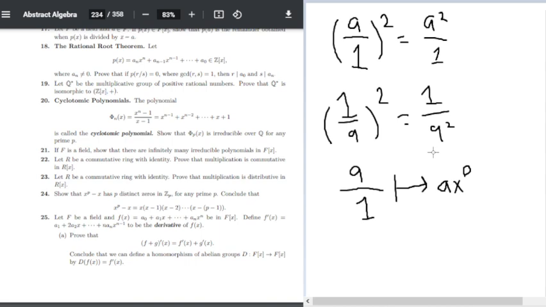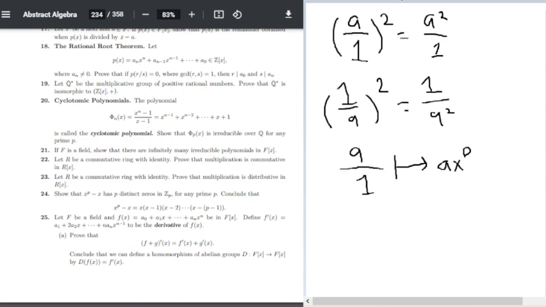I mean, it seems right. And then likewise, as we have to define it, 1 over a is defined to be negative a x naught.